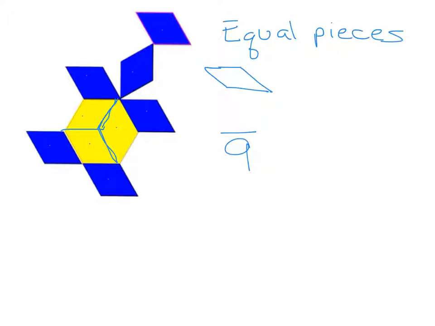Okay. So if I'm looking at the blue amounts, I have six pieces of blue out of the 9 in total. And I can reduce that down by dividing both the numerator and denominator by 3. And that gives me 2 out of 3.